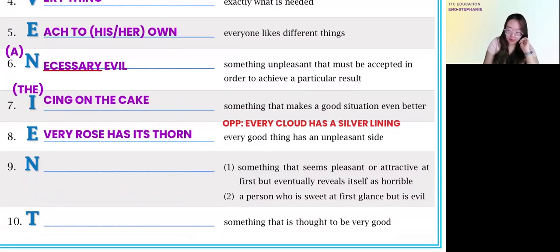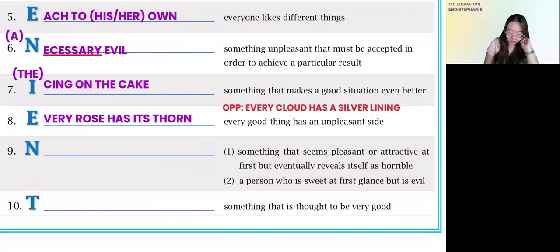Moving on to our next one. We continue to our normal one. So, convenient. This is the second last one. If you want to talk about a thing that seems very pleasant or attractive at first, but eventually revealed itself as a very horrible situation, or you want to talk about a person that is sweet at first glance but is evil.